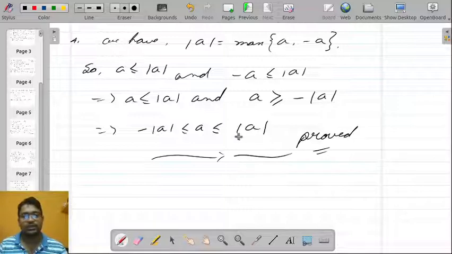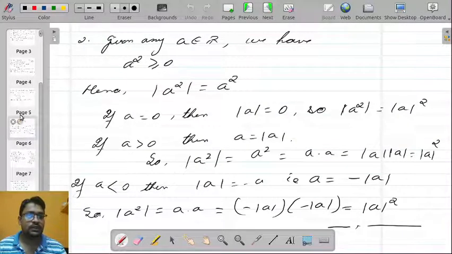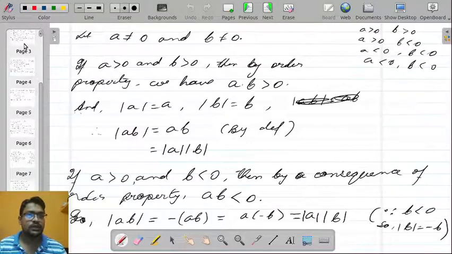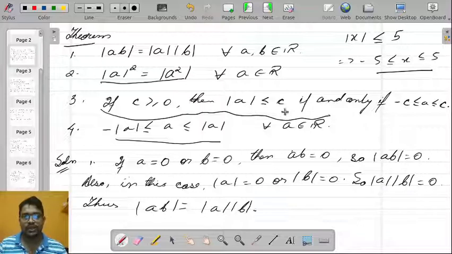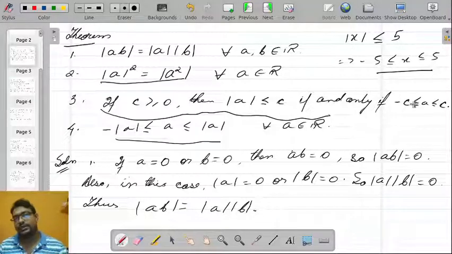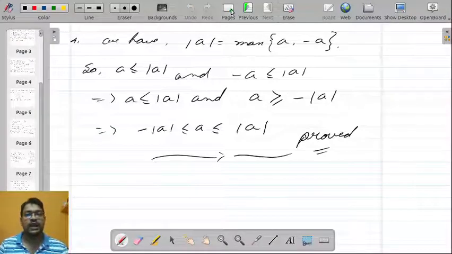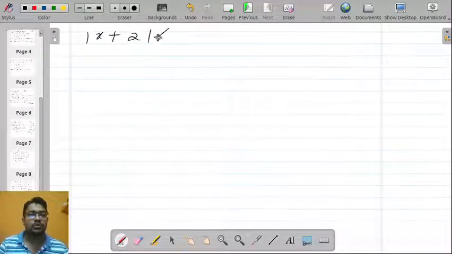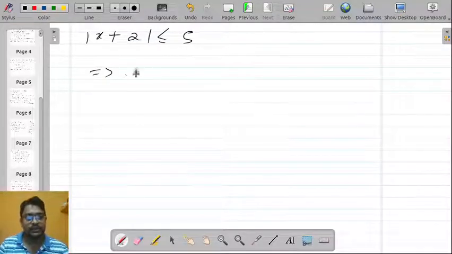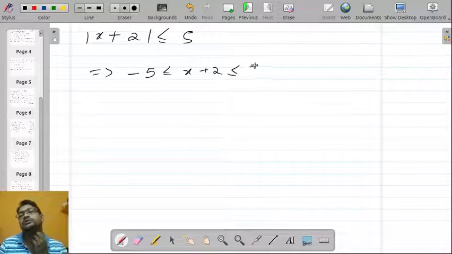So this is also very important, right? This one and the earlier one: if c is greater than or equal to 0, then mod a is less than or equal to c if and only if a lies between minus c and plus c. Okay, so if we have something like mod of x plus 2 less than or equal to 5, immediately in the next step we can write minus 5 less than or equal to x plus 2 less than or equal to 5.